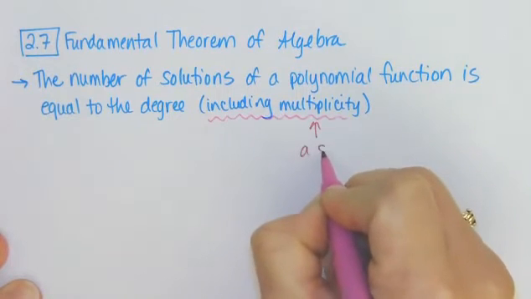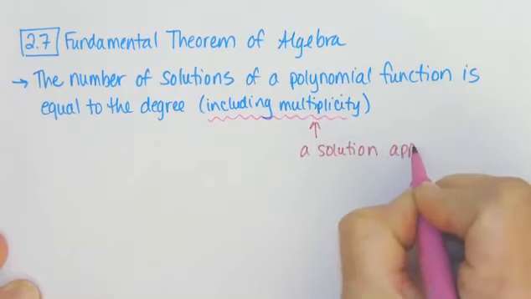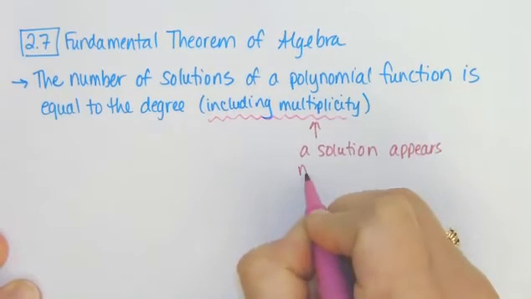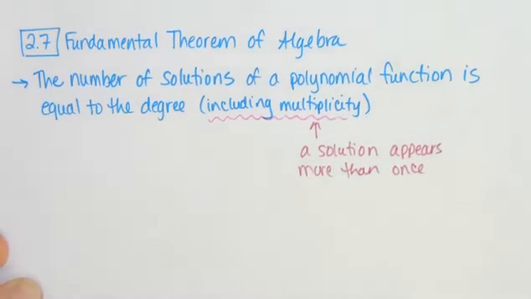So multiplicity just means a solution may appear more than once. So let's say you did a problem and you got x equals 2 three different times. You get x equals 2, x equals 2, x equals 2. That would just be a multiplicity of 3. All right.